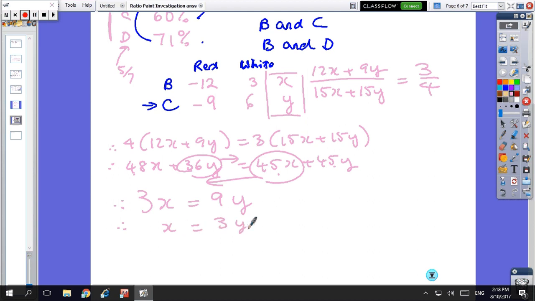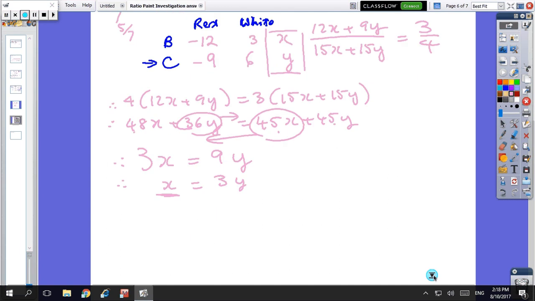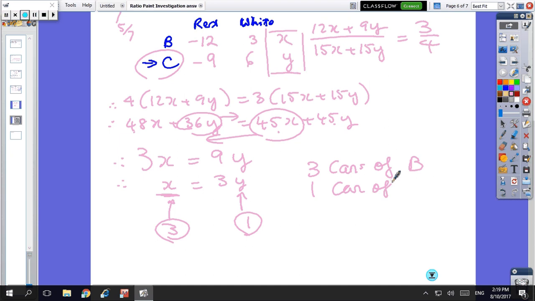And so we just need 1 can of Y, which is going to be 1 can of C for 3 cans of X. So 3 cans of B and 1 can of C will give us our 3/4.